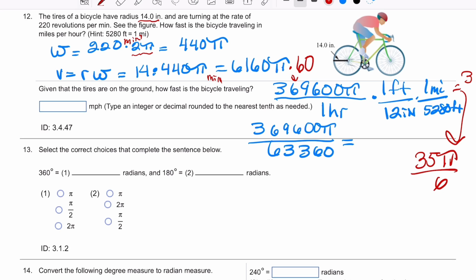And then we get the big number, 369,600 pi, and we need to consider that it's per hour. So now we have it in hours. Then we multiply by 1 foot over 12 inches because that is in inches. We need to convert it to miles per hour. Then we need to convert that into miles. So that's where that part came from.